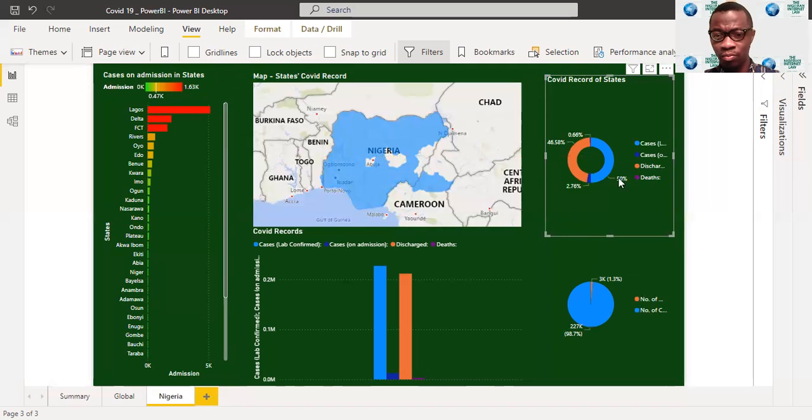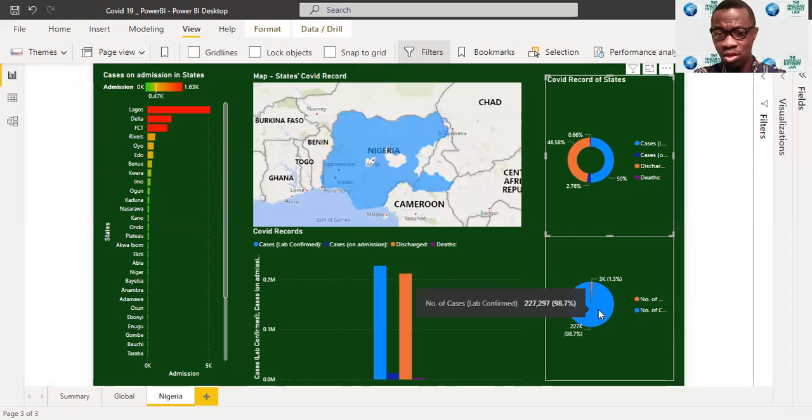While this pie chart, rather, this is a donut chart, also tells us the confirmed cases compared to the number of deaths. So this shows us the number of confirmed cases against the number of deaths.